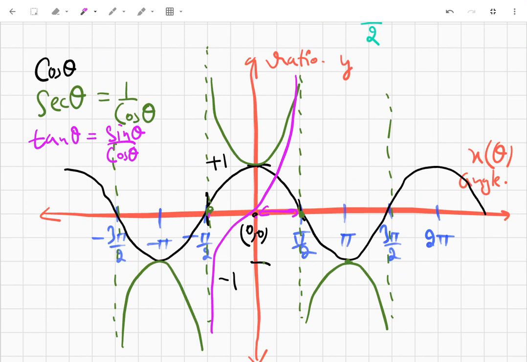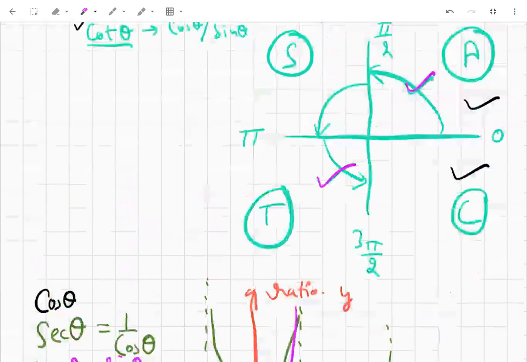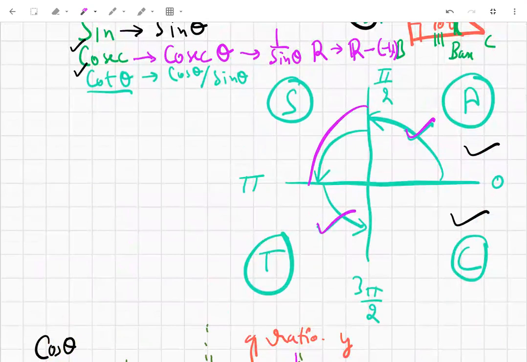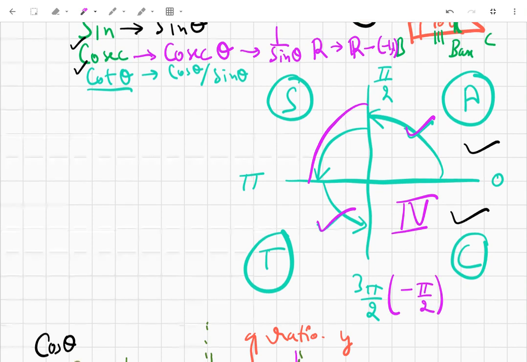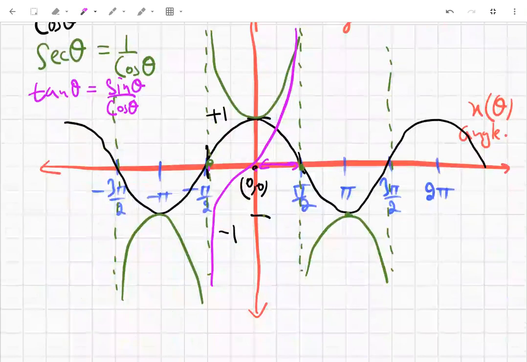And in this fourth quadrant, which is 0 to negative pi by 2, 3 pi by 2 is same as negative pi by 2, our tangent is negative. Okay, these negative values of y, right? Yeah, I hope this is clear.